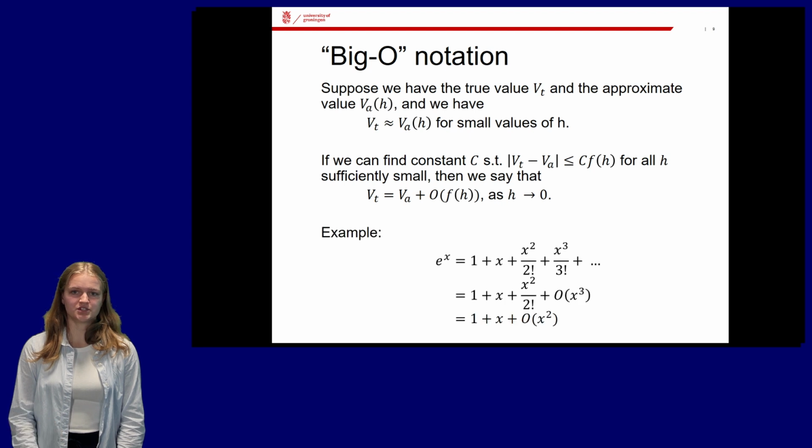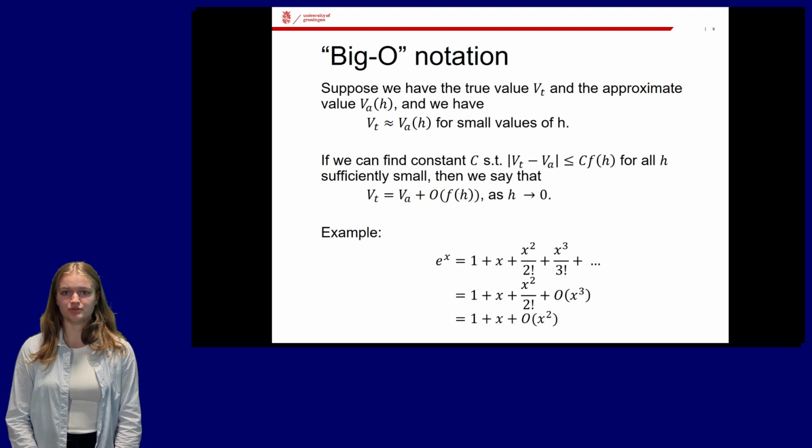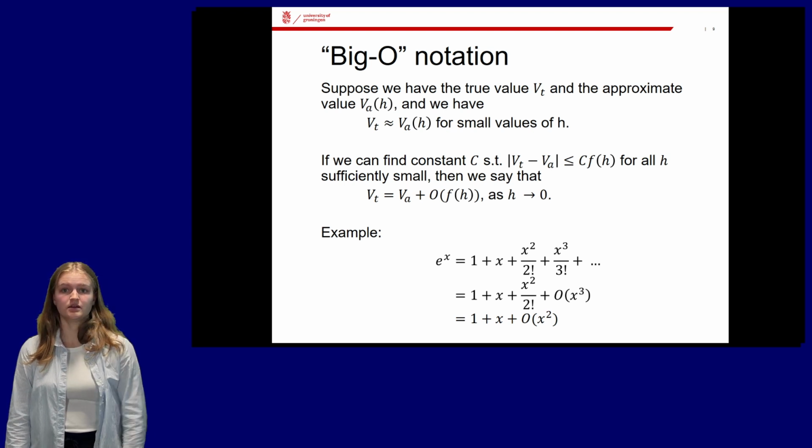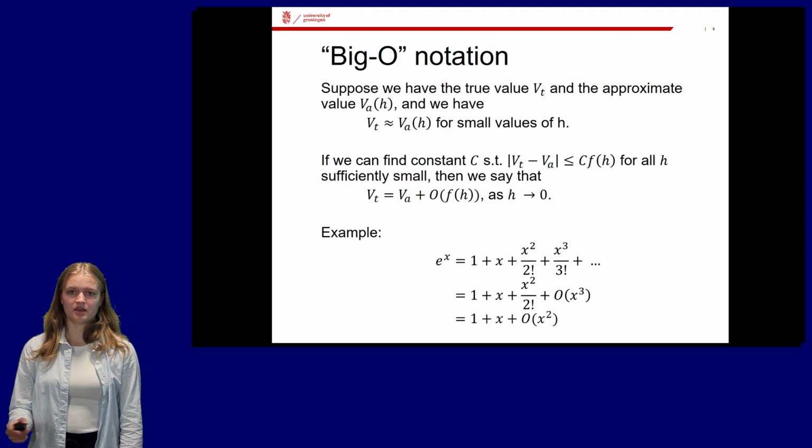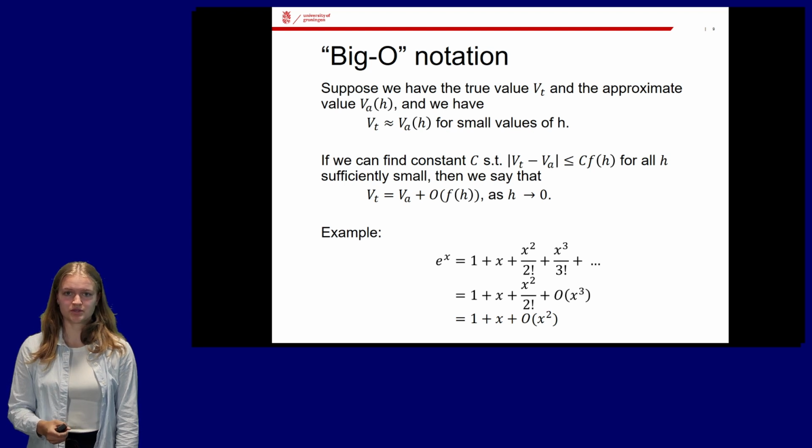An example for which the big O notation might be used is again for infinite series. So here we'll have the exponential series again, and instead of using infinite sums, we can approximate it, for example, using the first 3 terms, and then the error is going to depend on x to the third.